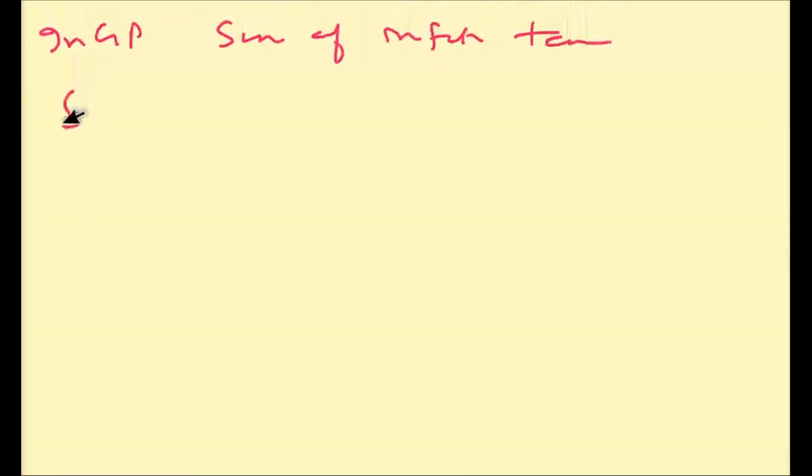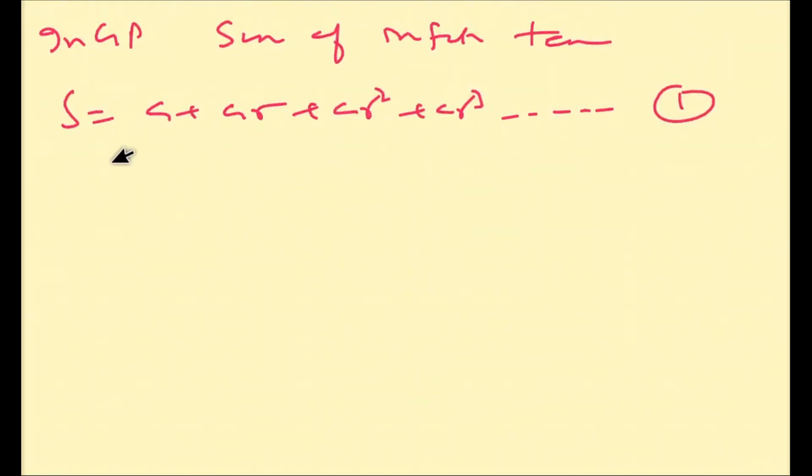Now student, in GP, the sum of infinite terms. Let S equal to a plus ar plus ar square plus ar cube up to infinity. Again we multiply by r. We write here ar plus ar square plus ar cube and so on.